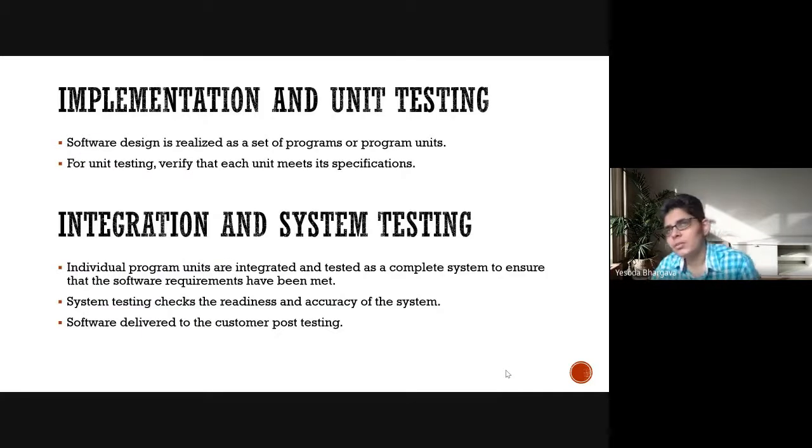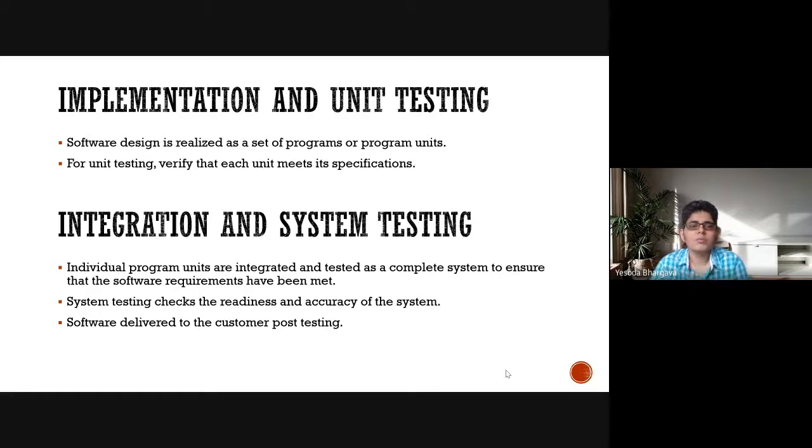So after system design, and after having discussed and spent a considerable amount of time over it, when your team members are confident that we can now throw ourselves into the implementation stage, you start writing a set of programs and program units.